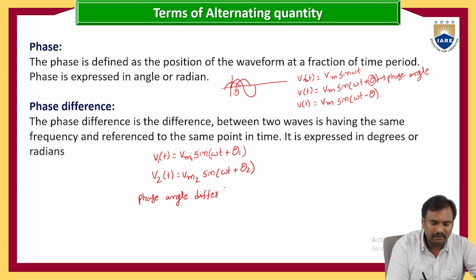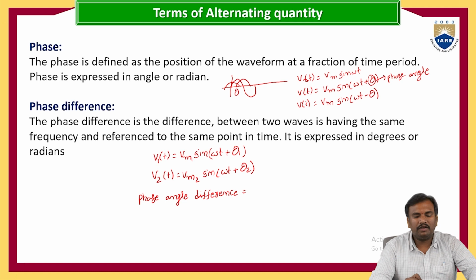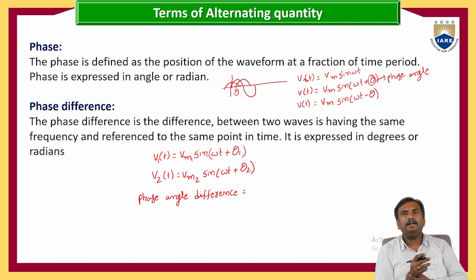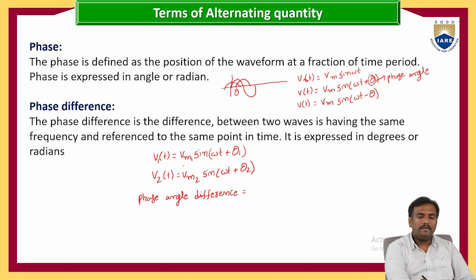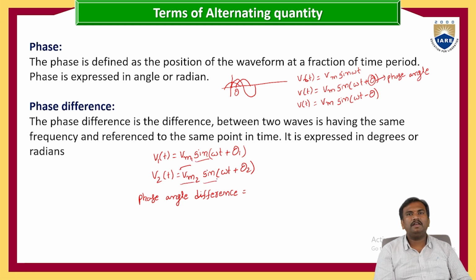When we are comparing the two waveforms, the magnitudes should both be positive or both negative, and the function should also be either sine or cosine in both. Only then can we compare the two waveforms.